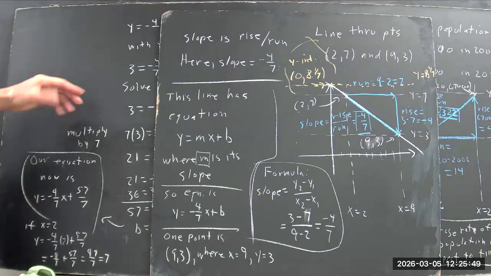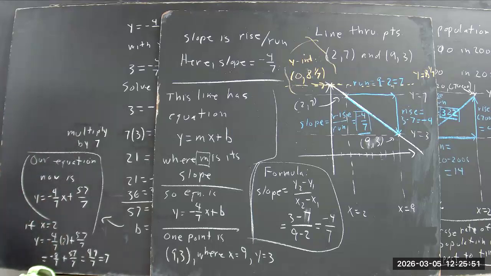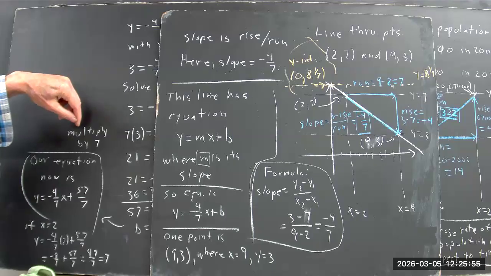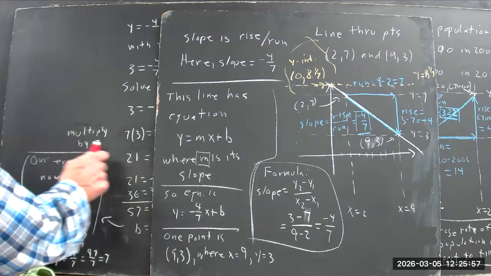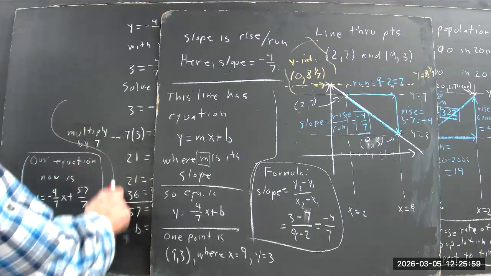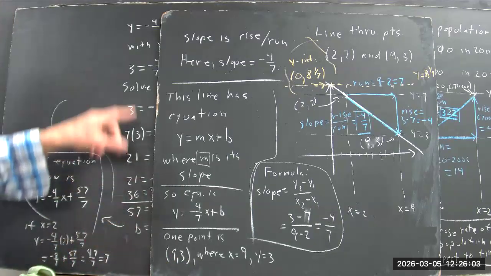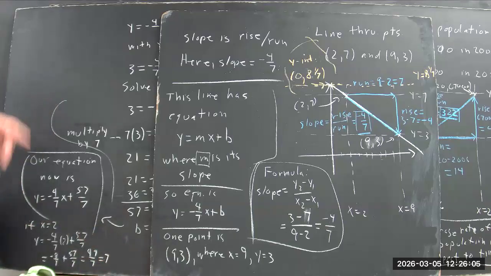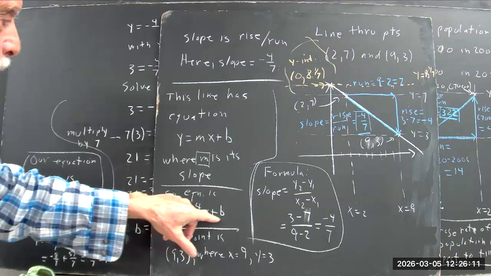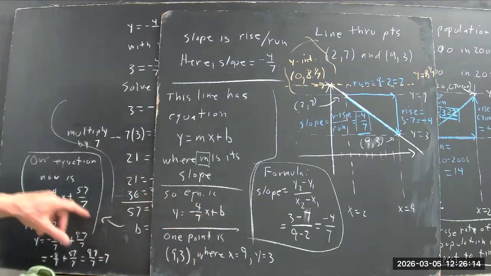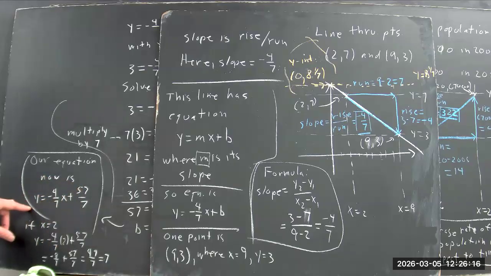Okay, now, if you missed this because the board wasn't on the camera, we got our solution, b equals 57/7, and everybody could see that. And then we take our equation, y equals -4/7 x plus b, and we replace b by 57/7.